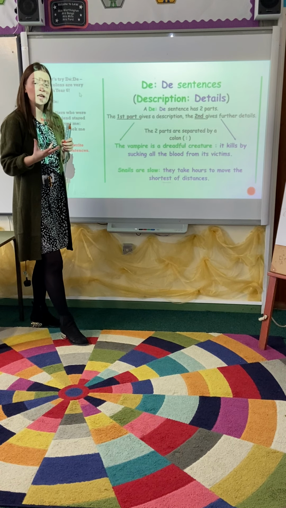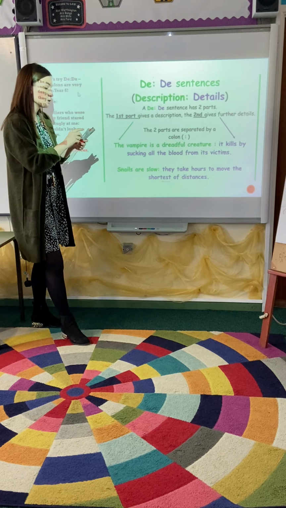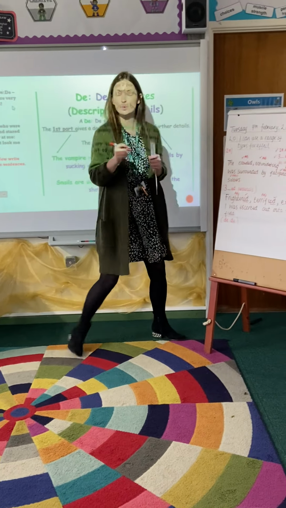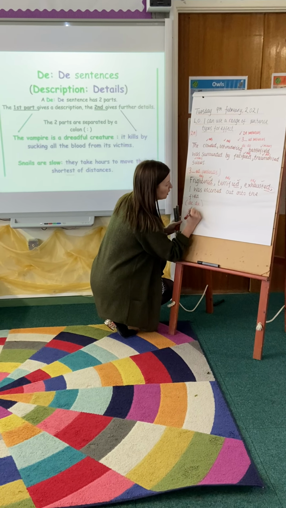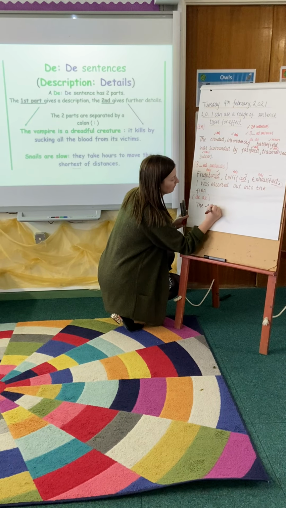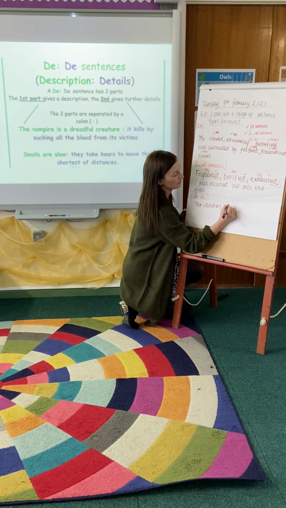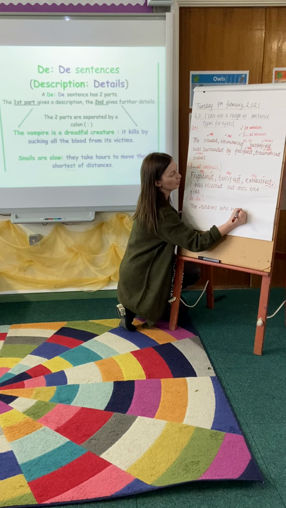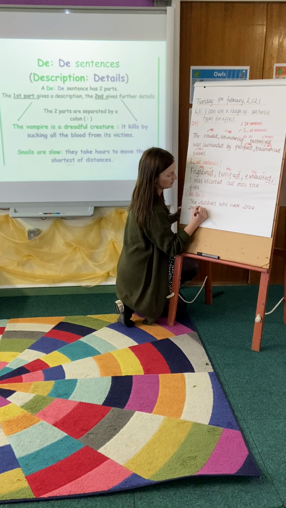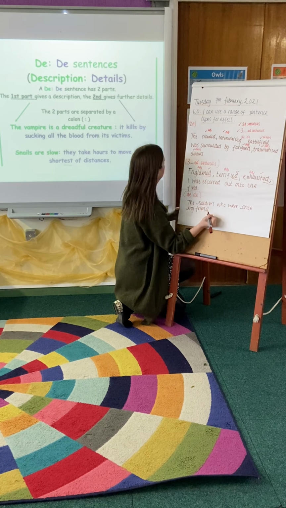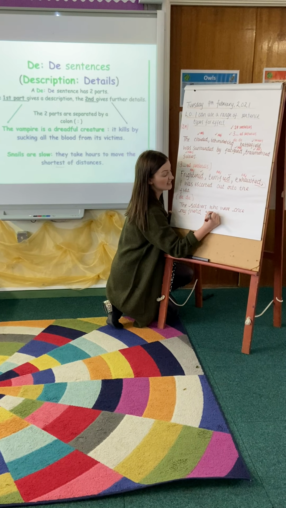So we're going to do the same again now. We're going to model 3 sentences independently. I'm going to pop mine up on the board, which I'd already popped up on my PowerPoint. So it says that the soldiers who were once my friends, I'm just going to put stared at me.